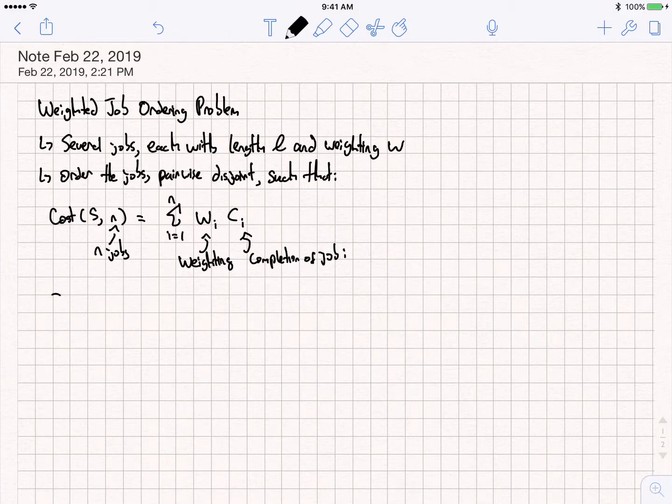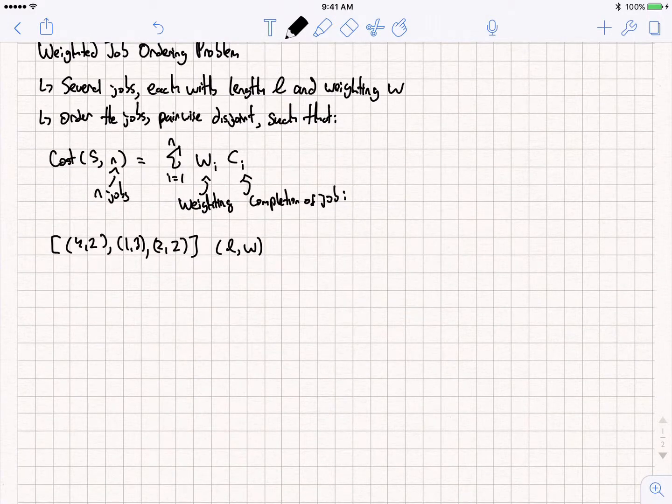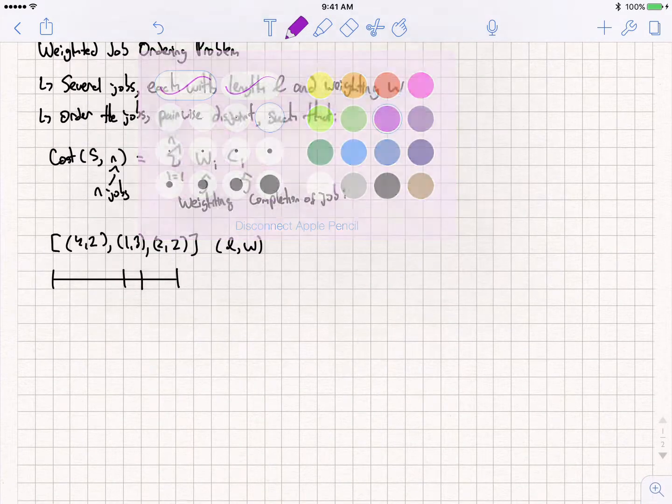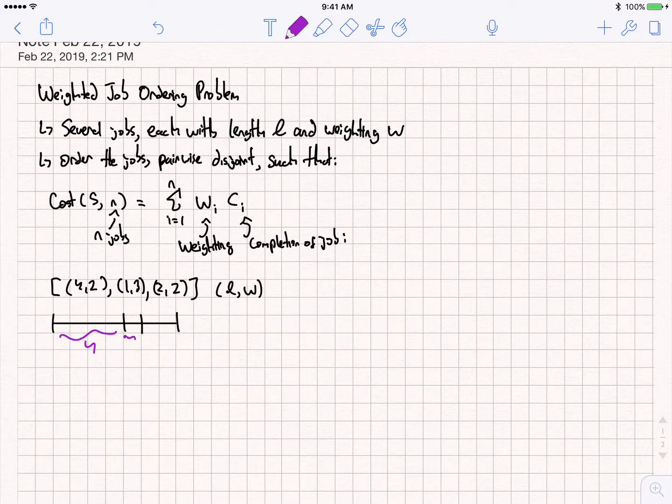So for example, we have an array with (4, 2), (1, 3), (2, 2), where the tuple represents the length and the weight. We could have an arrangement that is length 4, then length 1, and then length 2.